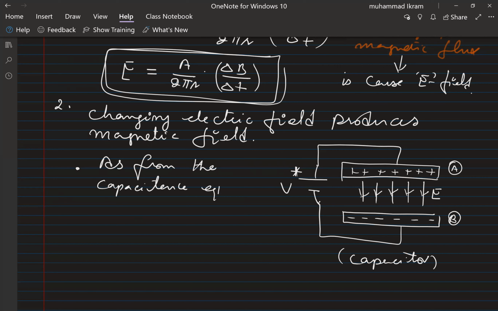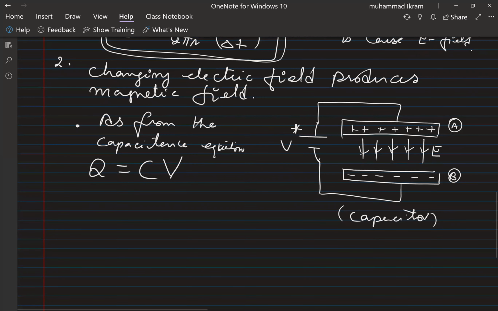From the capacitance equation, we can write that Q is equal to C into V. And you already know from the first unit that the capacitance of the capacitor is epsilon naught A by d.